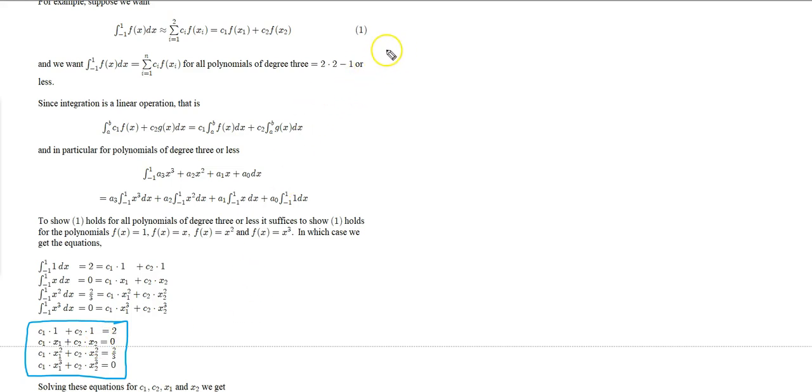Now let's notice that for this problem, in order to solve these equations, there's a certain amount of symmetry. We're integrating from -1 to 1, and the functions that we're looking at are 1, x, x squared, and x cubed. The 1 is an even function, x is an odd function, x squared is even, and x cubed is an odd function.